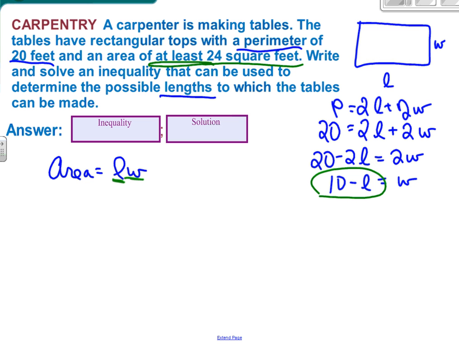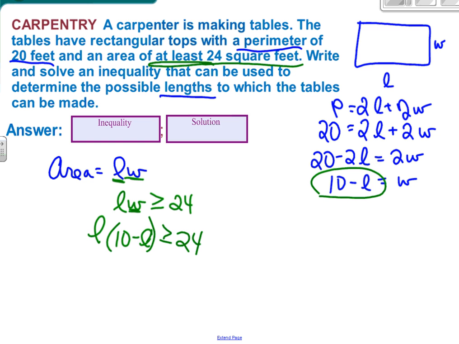So length times width has to be greater than or equal to 24. I'll replace W with 10 minus L. So L times 10 minus L is greater than or equal to 24.